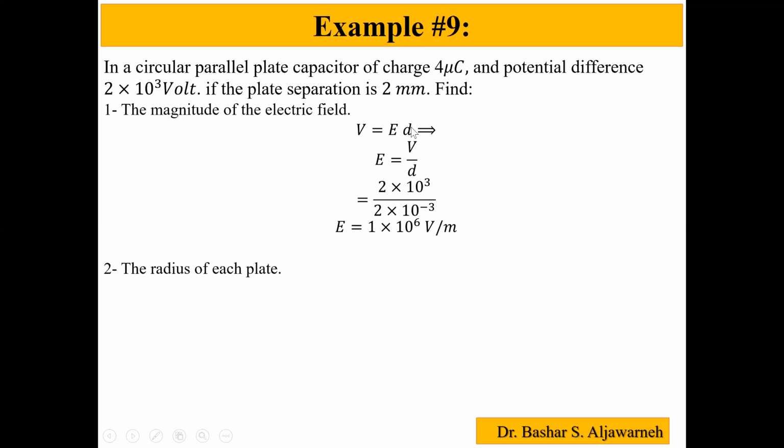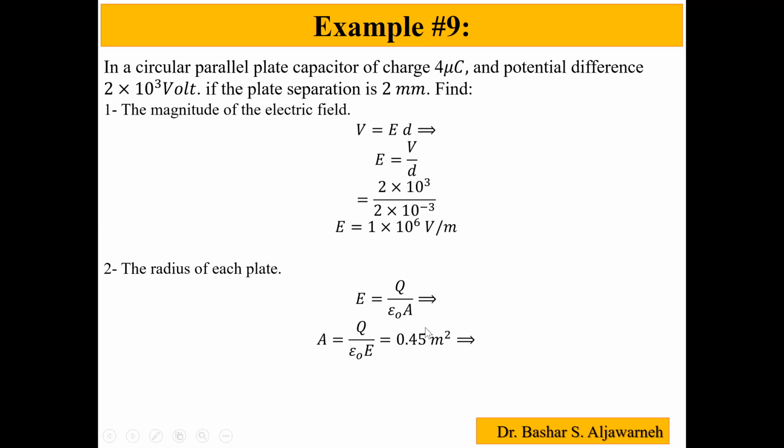Second, what is the radius of each plate? Okay, to think about this part, we know the electric field, or actually we calculated the electric field. Now you need to relate the radius with the electric field. Therefore, you have to go back in your memory and say, okay, the electric field equals Q divided by epsilon naught times A. From here, I can find the area, as you can see here.